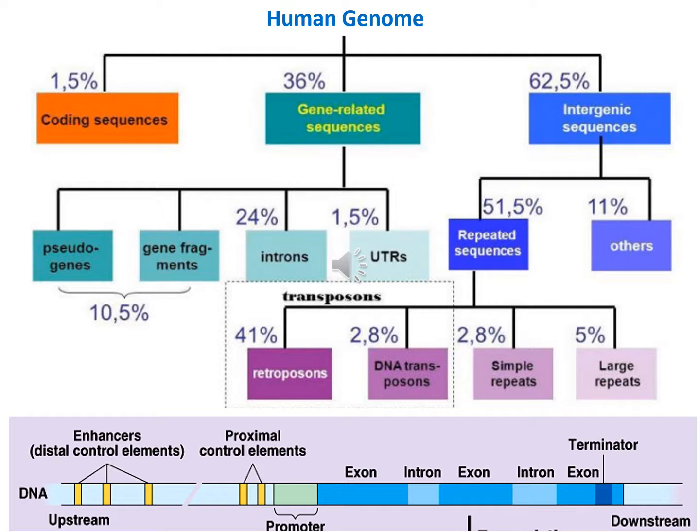Other than these non-coding regions that are associated with genes, there are intergenic sequences, that is sequences between the genes. What do these intergenic sequences largely consist of? Mostly they are repetitive elements. And then other than that, there is some junk DNA.